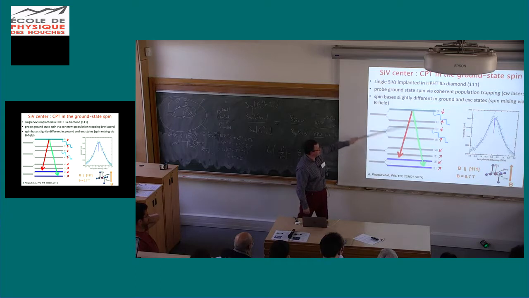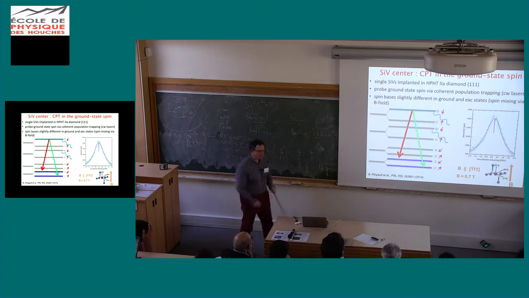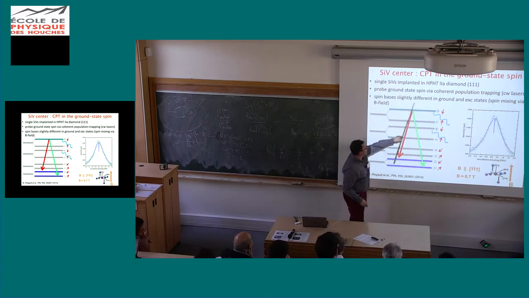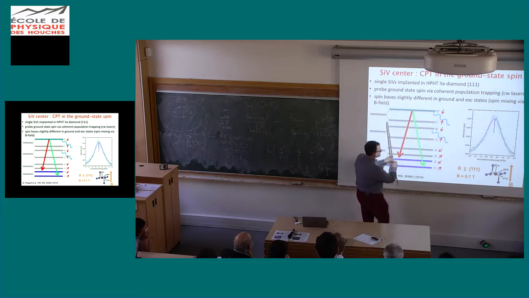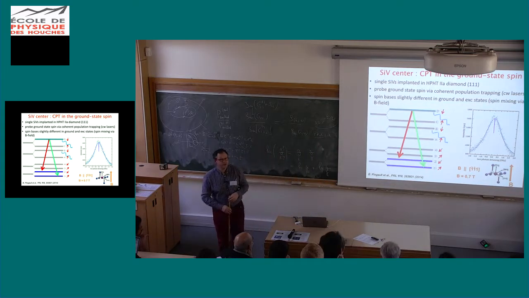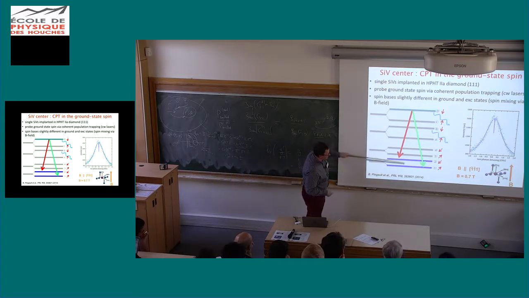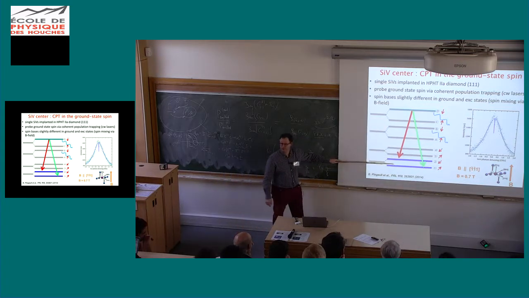So they used a CW laser and investigated like that a lambda scheme system in which we can connect those two states by, for instance, applying a control microwave field. And if you do the experiment, and for instance you put this field on resonance and you scan the other field, you can observe, like in a lambda system, coherent population trapping: the atom will go into a dark state, which is the combination of those two states.